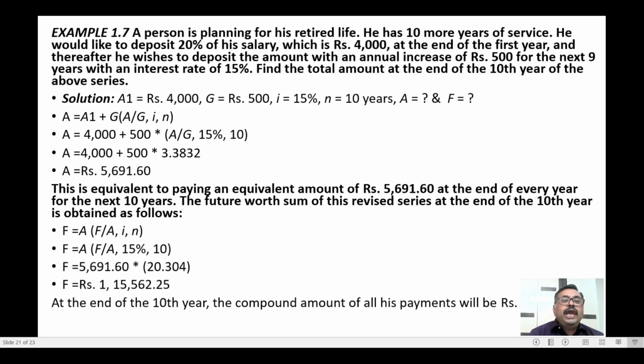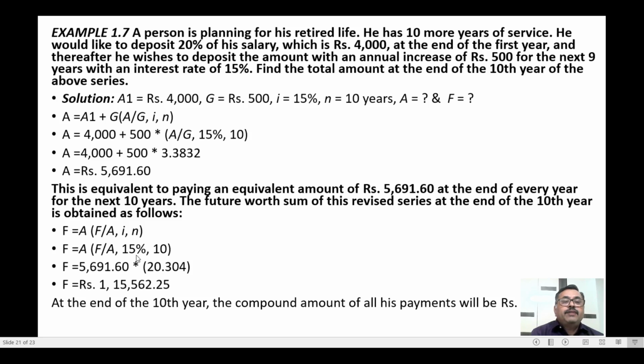F is equal to A into F by A comma I comma N. That is the future amount we have to calculate. We know the A. F by A is the formula that we can use here. The annual amount that we are paying is 5,691 rupees 60 paisa, and F by A comma 15 comma 10.